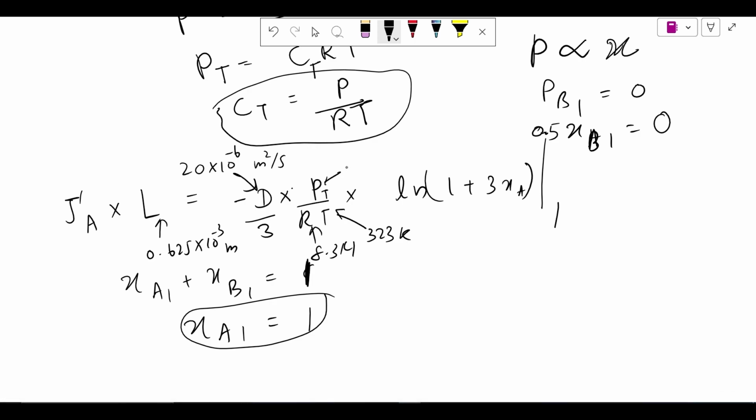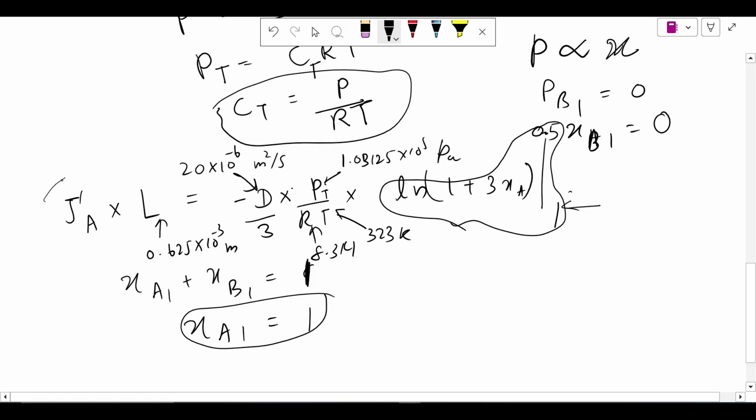Total pressure is 118 Pascal. In this equation, the L value is known, the D value is known, PT, R, T, all the values are known. Only the unknown value is the flux of A, right? We need to find that.